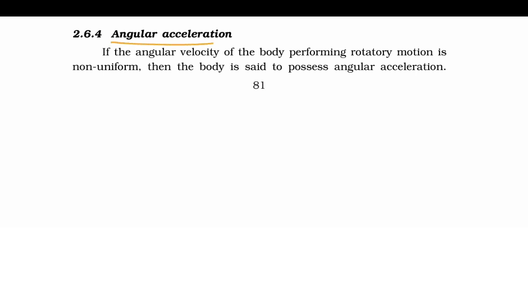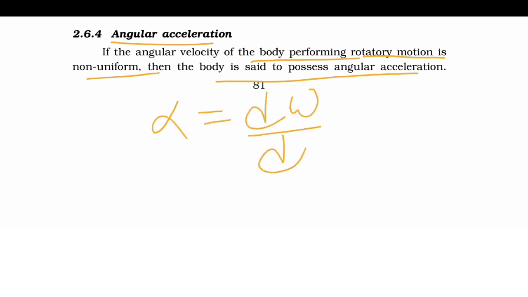Angular acceleration. If the angular velocity of a body performing rotatory motion is non-uniform, then the body is said to possess angular acceleration. Angular acceleration is denoted by alpha equals d omega upon dt, or we can say the rate of change of angular velocity is known as angular acceleration.